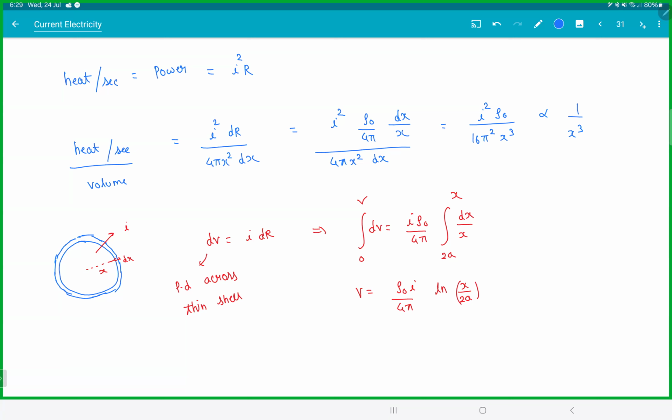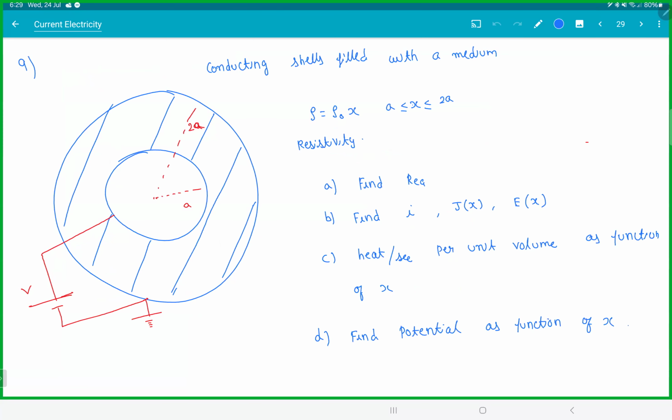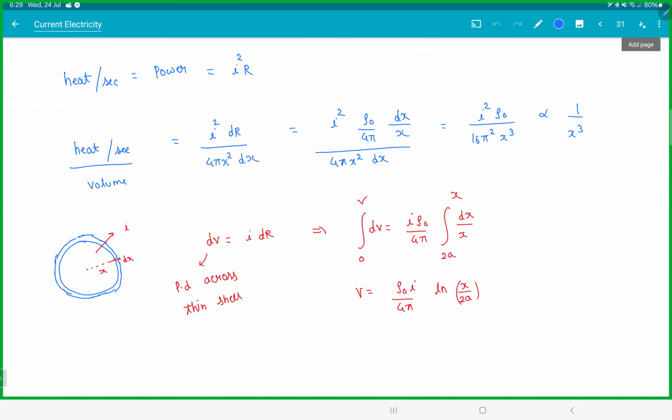Let's see one more. Sir, how will it be 2A? Okay, what should it be according to you? A to x. Why A to x? What is the potential at A? Oh, it's V. I have to write minus dV, because it is dropping.